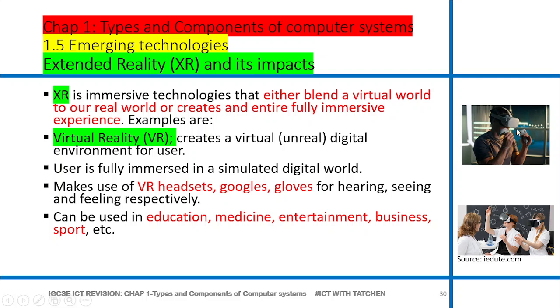So, for instance, under extended reality we have things like virtual reality. These are virtual reality goggles. I don't know, probably he's playing. This man is playing a game. So you could actually play games using virtual reality headsets, the goggles, the gloves, and you can use these items for hearing, seeing, feeling.